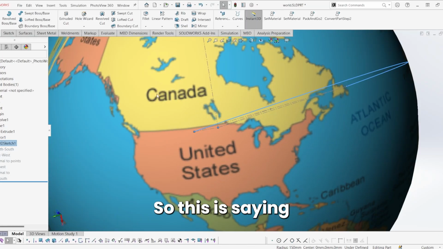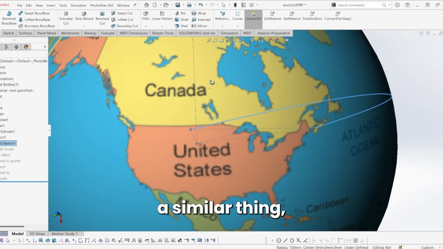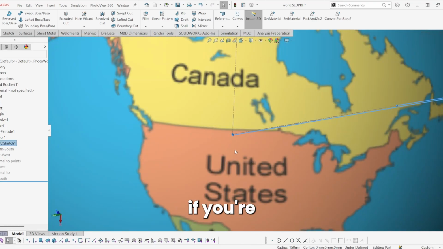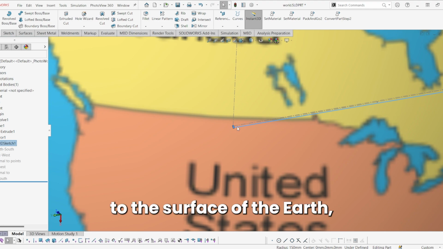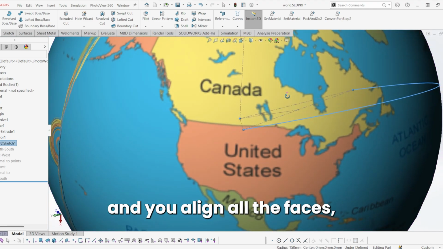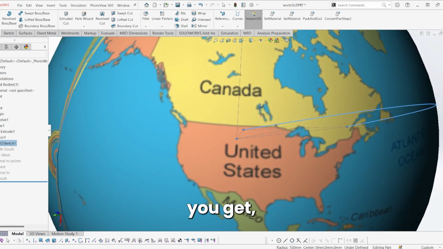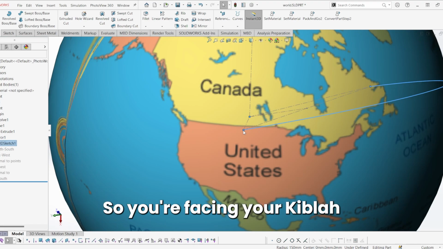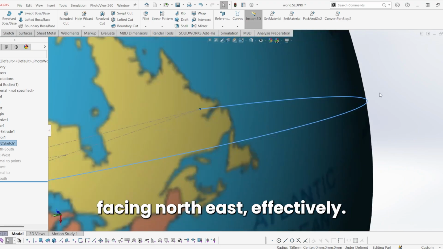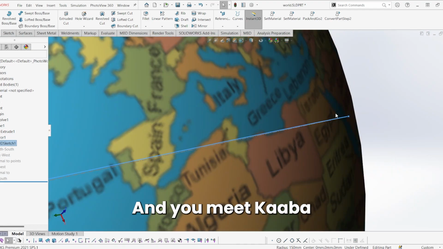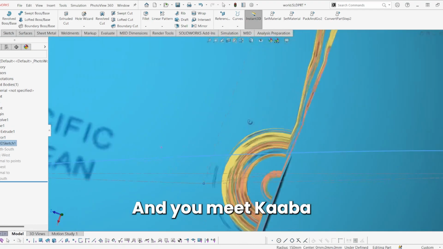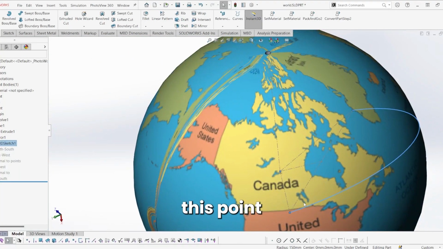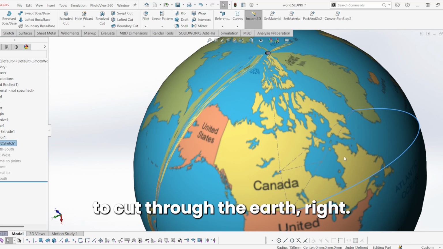So this is saying a similar thing, which is that if that is north, which it is, all the way up, if you're looking straight down on earth, normal to the surface of the earth, and you align all the faces, you get this geodesic distance being northeast. So you're facing your Kiblah from wherever you are, facing northeast effectively, and you meet Kaaba, which is the direction you're supposed to pray. However, there's this point where the soul has to cut through the earth, right?